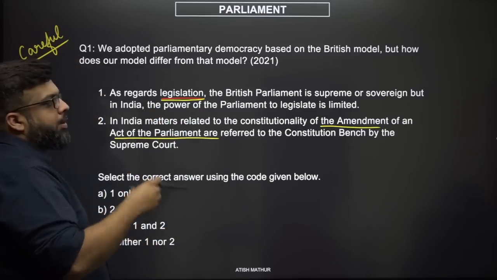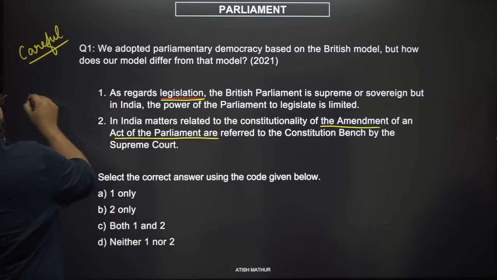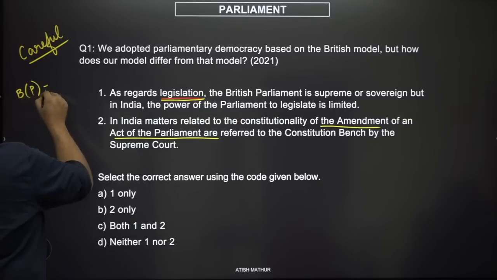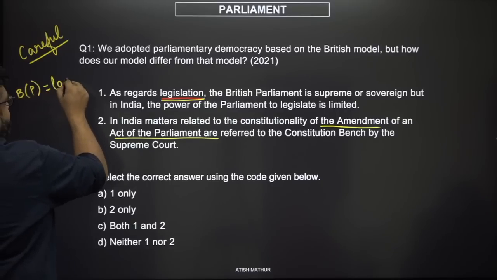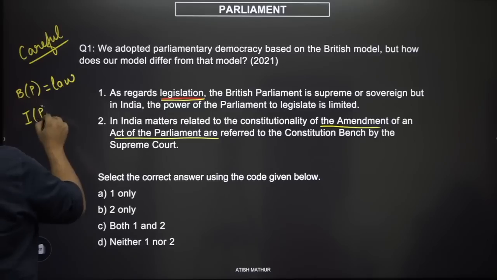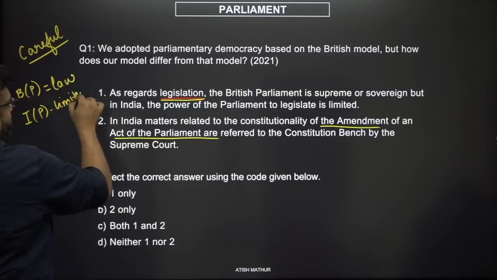It is talking about parliamentary supremacy. So, the British Parliament has unlimited powers with respect to law, whereas the Indian Parliament has limited powers with respect to lawmaking.